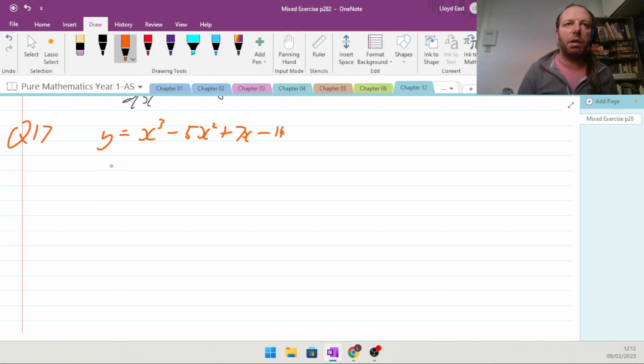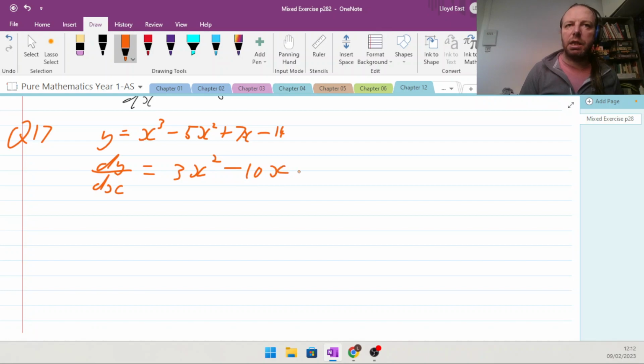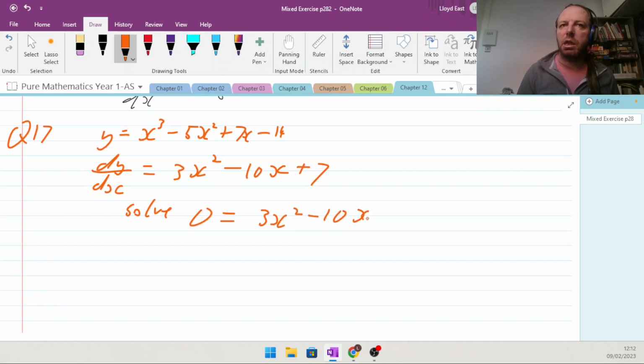Okay, so to begin with, we're going to look at the differentiation of this, dy by dx, and that's going to be 3x squared minus 10x plus 7. Now what we need to do is solve 0 equals 3x squared minus 10x plus 7, and that gives us x equals, and x equals.